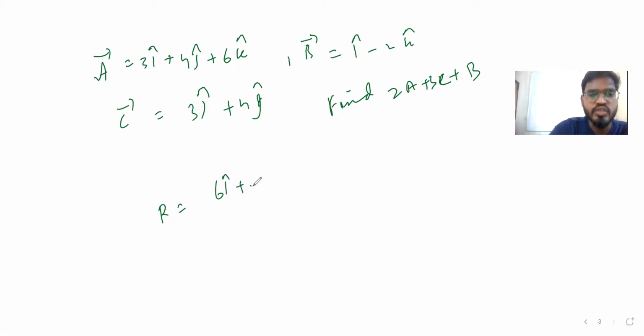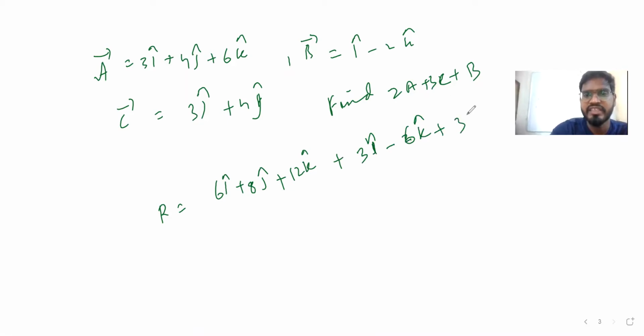Plus 2 times 4, 8 j cap, 12 k cap directly, right? So now that is a, we finished. Now 3 you multiply there, so 3 i cap minus 6 k cap, right? And then b directly, 3 i cap plus 4 j cap.